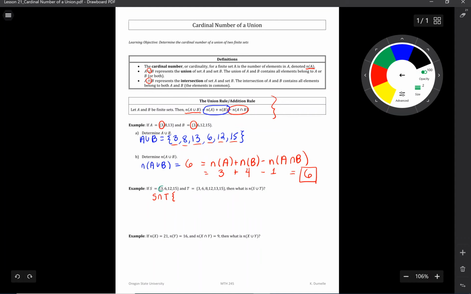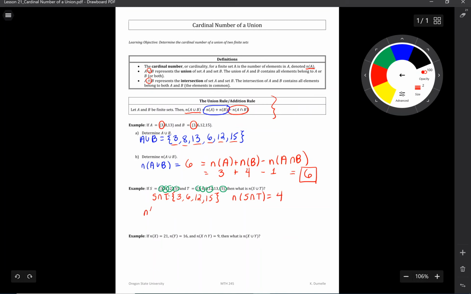I see that I have 3 in common, 6 in common, 12 in common, and 15 in common. So here, S intersect T is 3, 6, 12, and 15, and the number of elements here is 4.